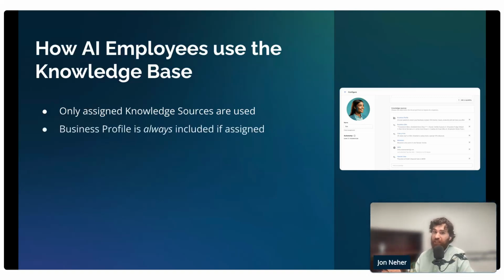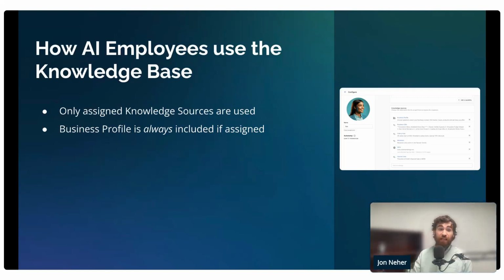It's worth noting that the business profile, if it is assigned to an AI employee, is always going to be included in every single prompt. That's because it's full of rich structured information that most conversations need. It's also important to have that filled out in general for SEO and discoverability and other things. So make sure that business profile is filled out.